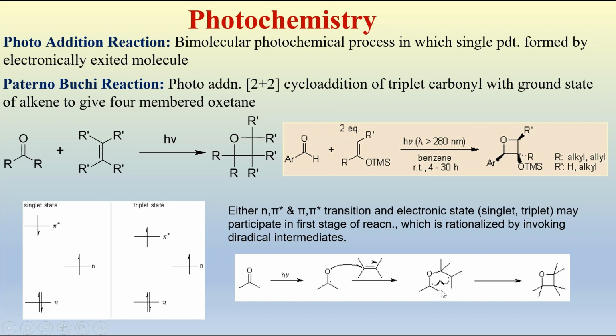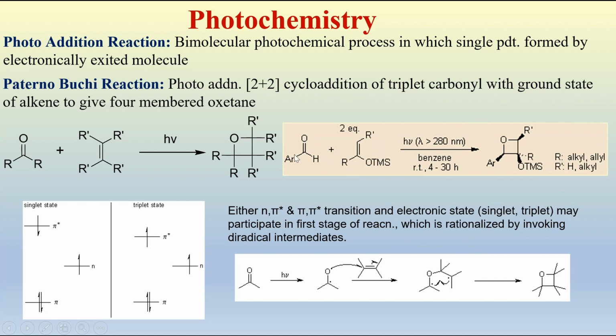These two radicals combine together and form a bond to give rise to oxetane. Here two pi electrons and two pi electrons have combined together to give oxetane, a four-membered ring system. That's why it is called 2 plus 2 cycloaddition reaction.